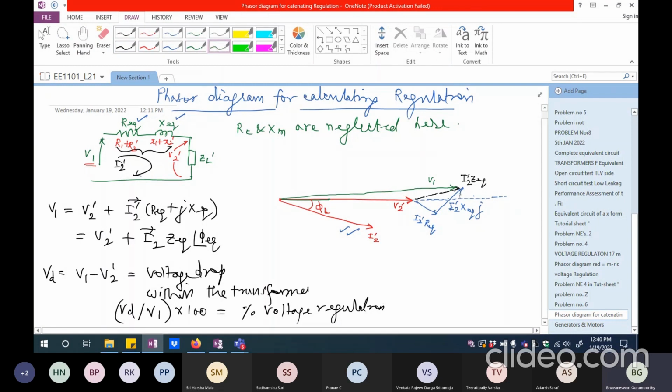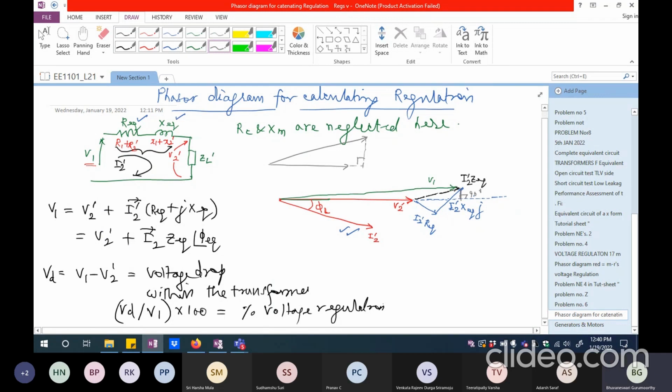So if this is V2 dash and I have got V1 like this, I drop a perpendicular like this. That's what I have done. So this is 90 degrees.